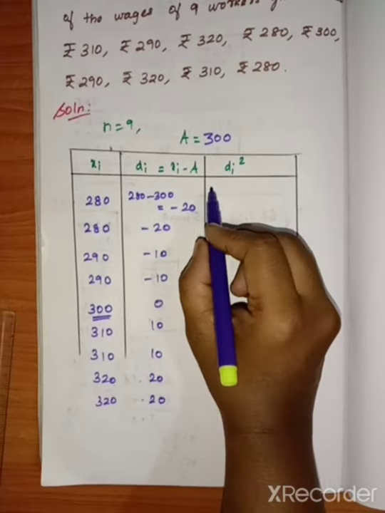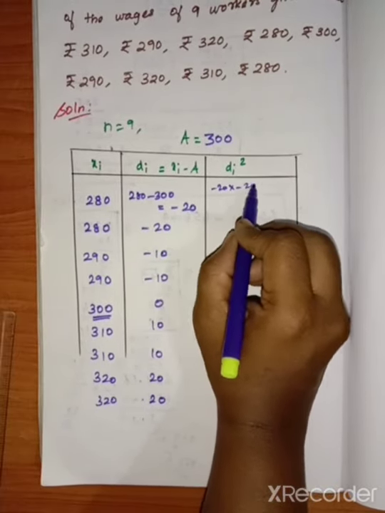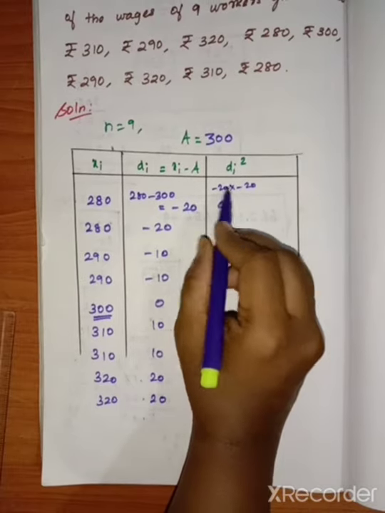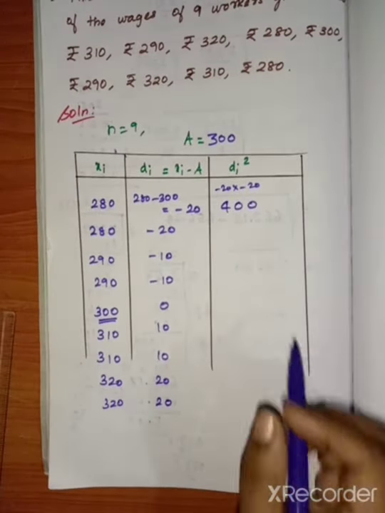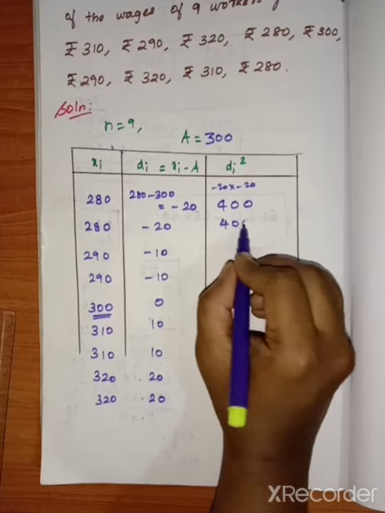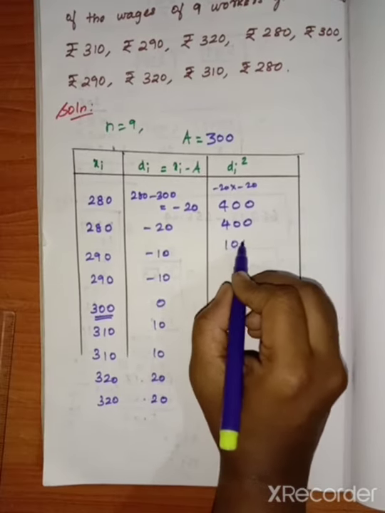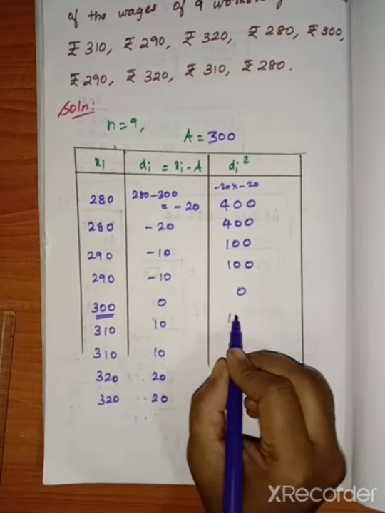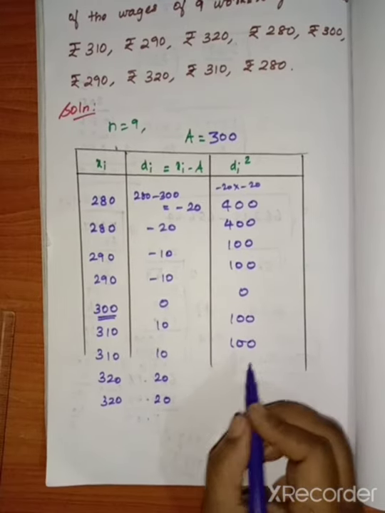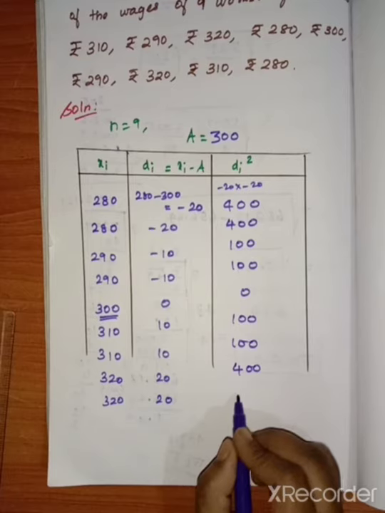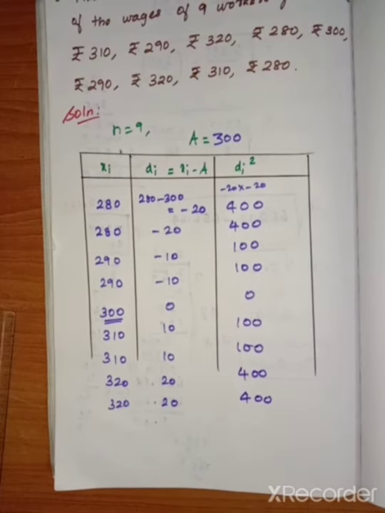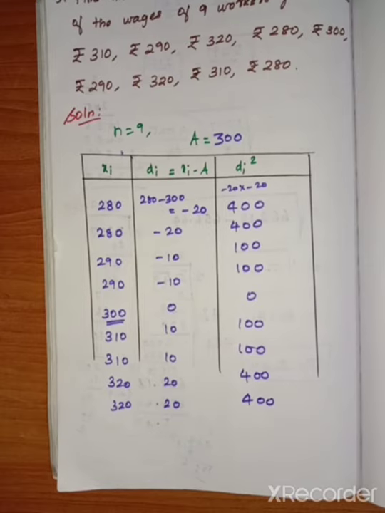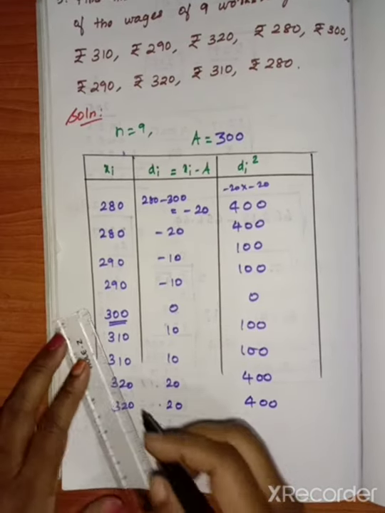Minus 20 into minus 20: minus into minus is plus. 2 2s are 4, and 2 zeros are there, so 400. Here also 400. 10 tens are 100, 100. 0 into 0 is 0. 10 tens are 100, 100. 400, 400.